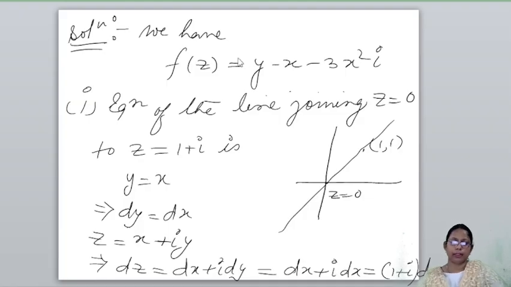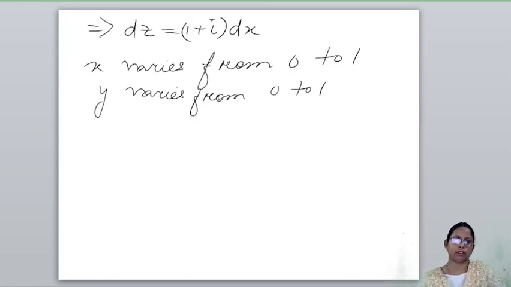Y also varies from 0 to 1. At the start x and y are 0, and at the end x and y are both 1. So x varies from 0 to 1.